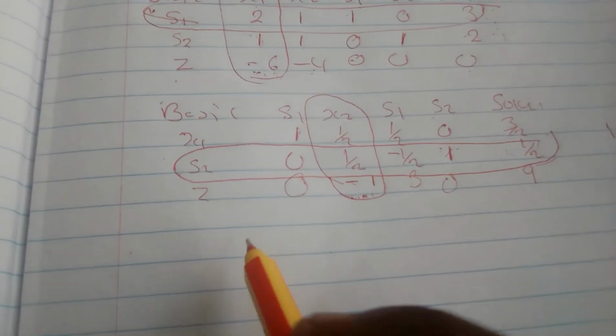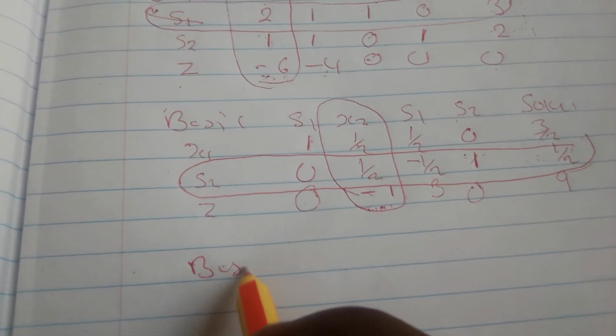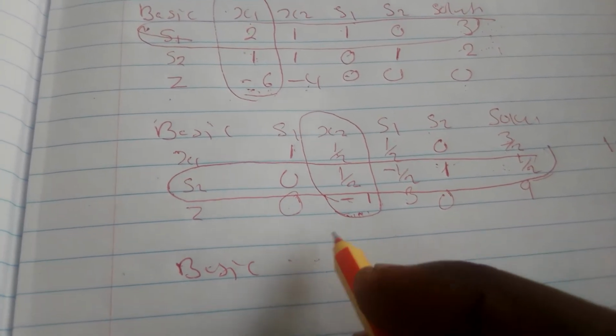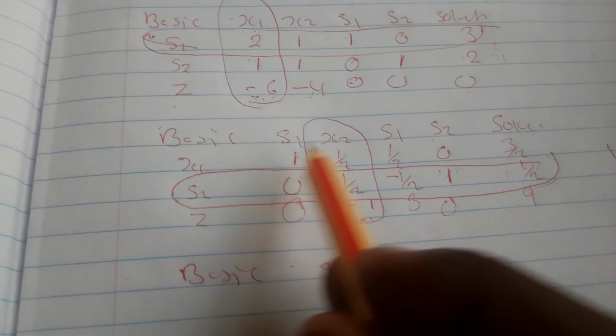We do the same with basic. S2 will alternate with x2.